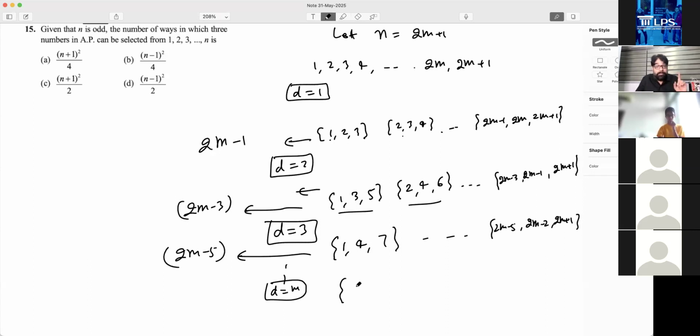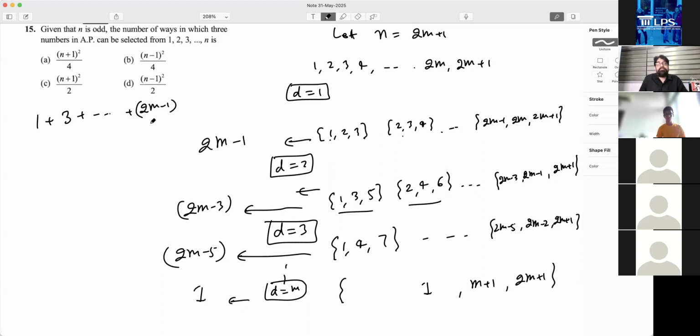The last is your 2m plus 1. Before that, what will come? m plus 1. And before this, 1 will come. So only 1 is there. So you can understand the number of terms will be 1 plus 3 plus so on till 2m minus 1.